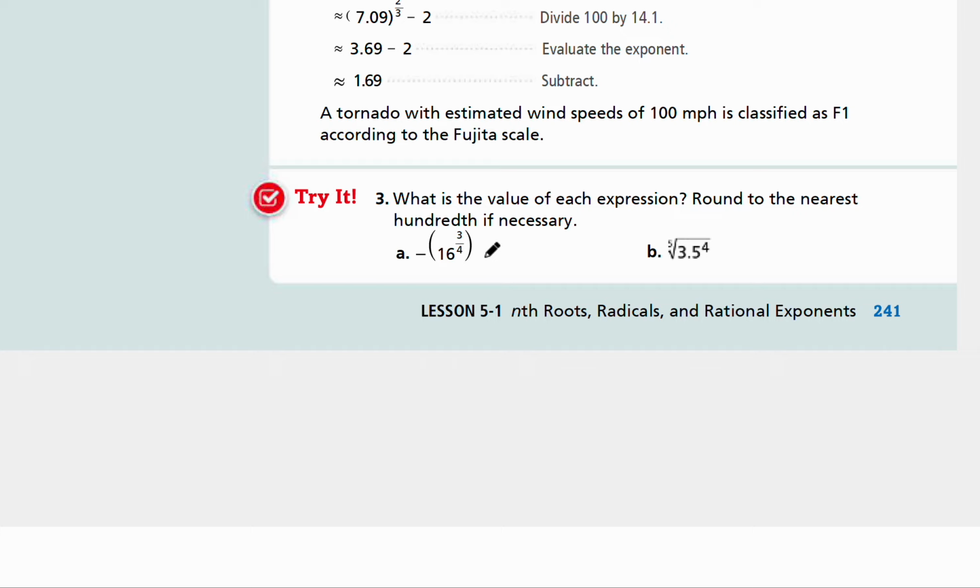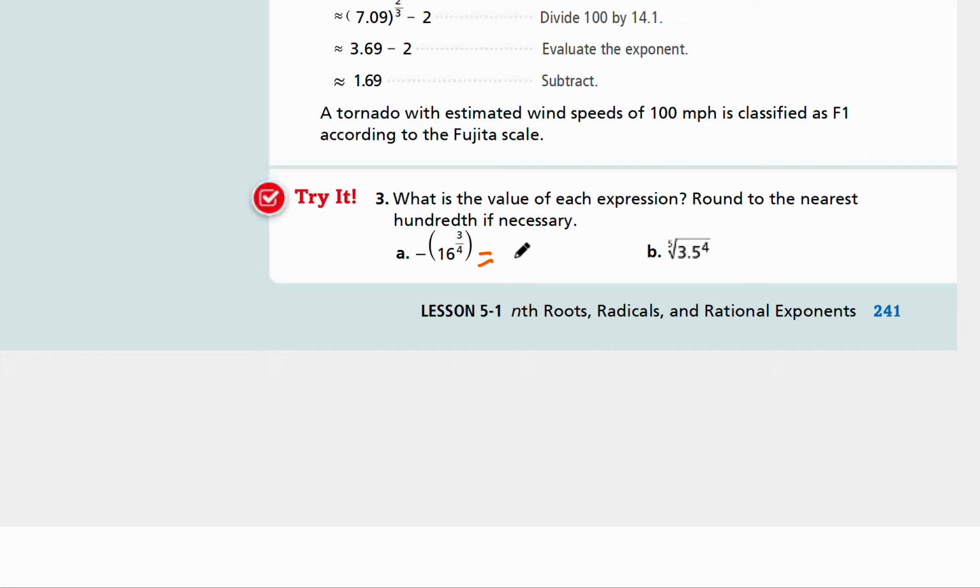Okay, so let's look at the next step in trying to solve this. So 16 could be rewritten with a smaller base, right? You can use a base of 4 or you can use a base of 2, right?